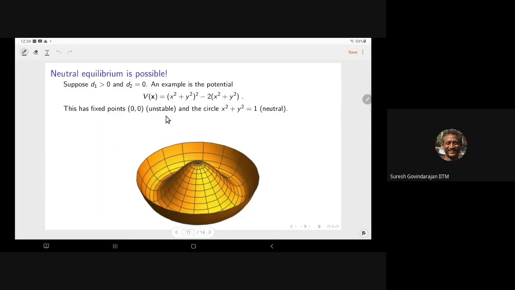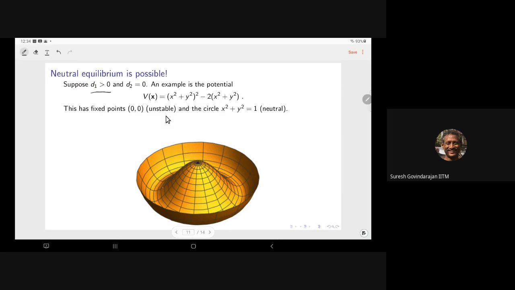So what about neutral equilibrium? Even that is possible. I'm giving you an example. A neutral case would be, for instance, where D1 is greater than 0 and D2 is equal to 0. This has a fixed point at 0, 0, which is here, like the top of this thing.